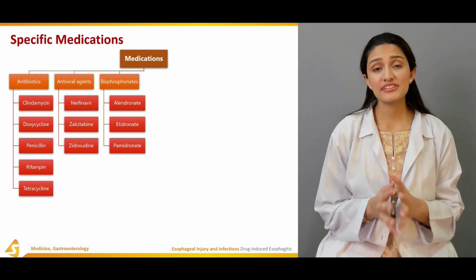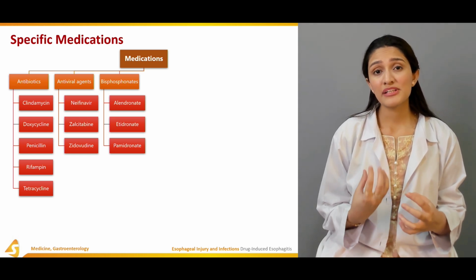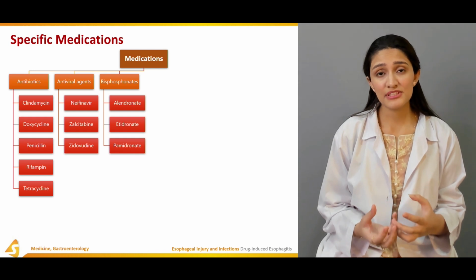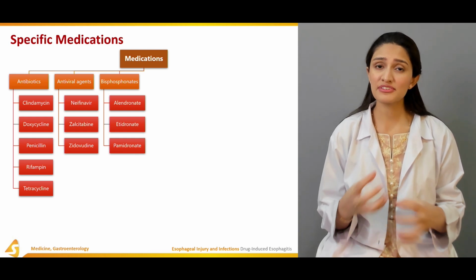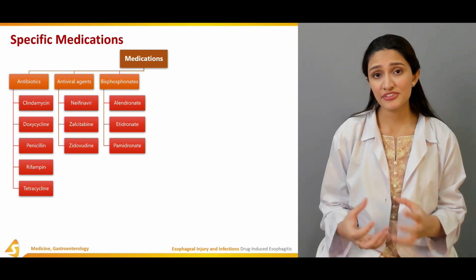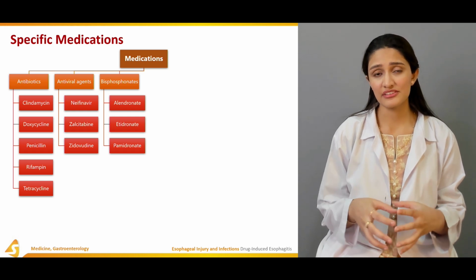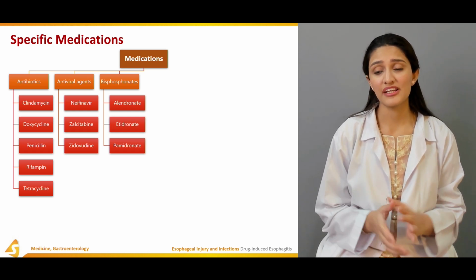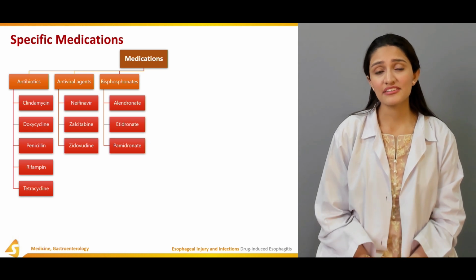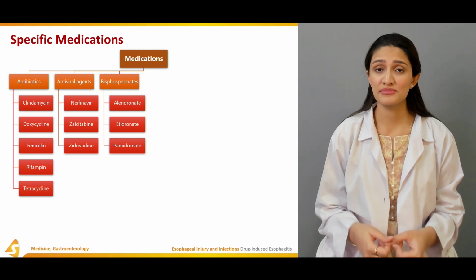If we see through an endoscope, the ulcers produced by bisphosphonates have a very inflammatory appearance. They have an inflammatory exudate and granulation tissue within the esophagus, at the site of injury. Other than that, the complications involved with using bisphosphonates are strictures and hemorrhages.